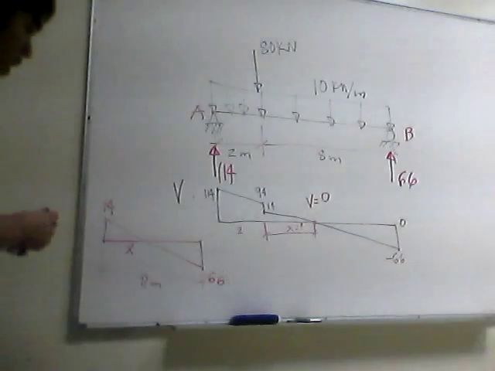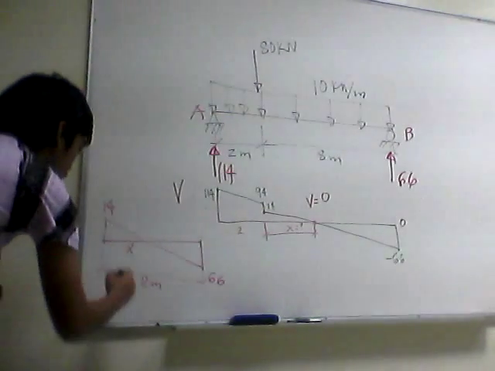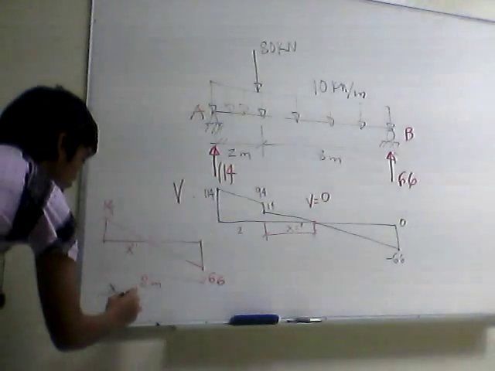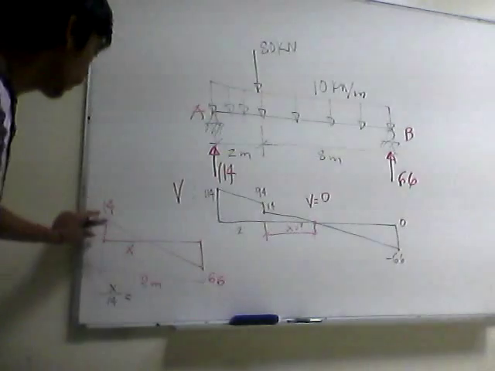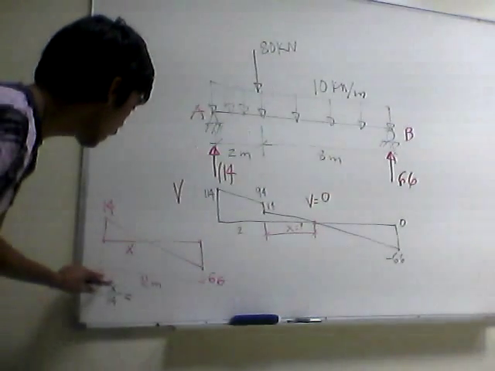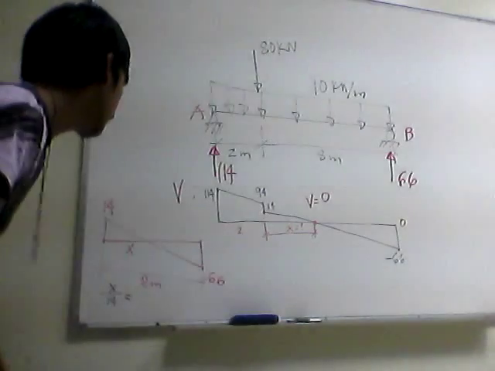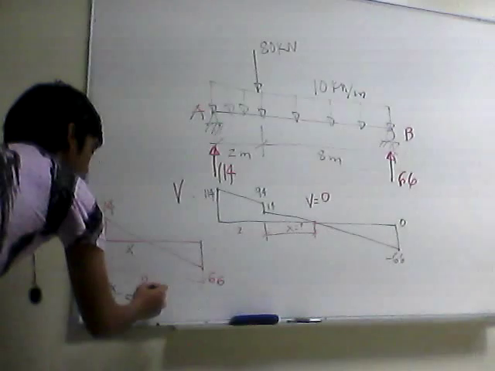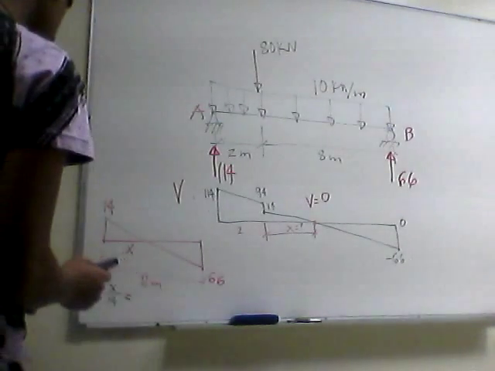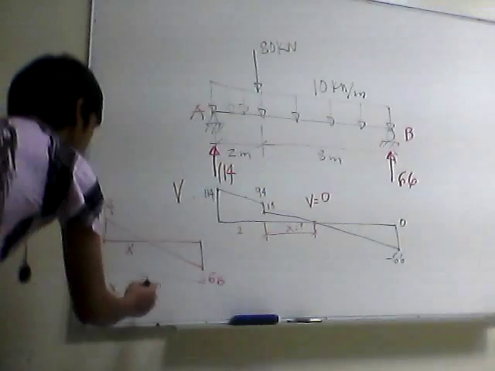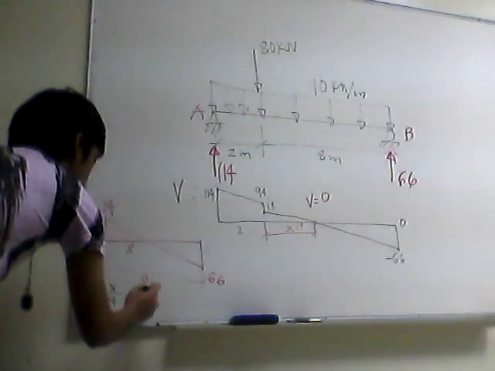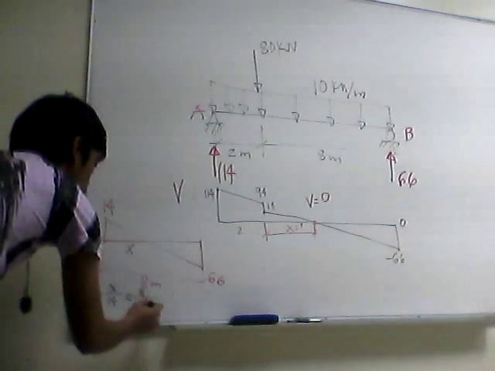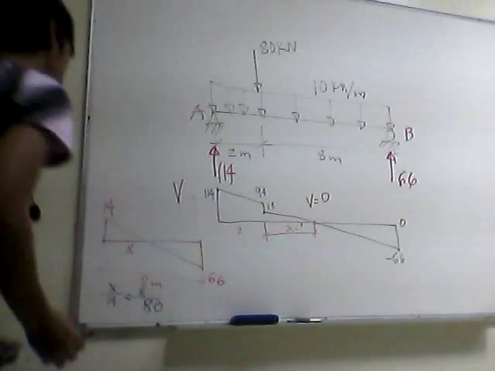So our solution is like this: x is to 14 equals, we are going to consider the whole triangle, 14 plus 66, that is 80. 8 meters is to 80.